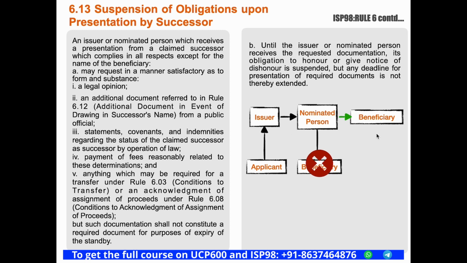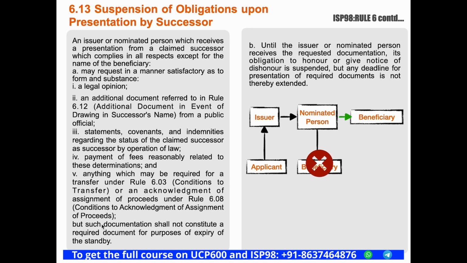Next, obviously, the successor is responsible for the charges incurred in connection with this transfer. Apart from this, the issuer may require anything with respect to Rule 6.03 and 6.08. That is, if such standby is transferred or assigned, then this issuer or the nominated person may require some other conditions to be satisfied to accept this successor, right?